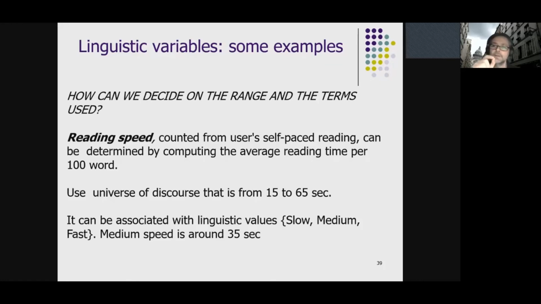Okay, so this is where the center of my triangle is going to be. 35 seconds, it's going to have a membership degree of 1. And then it's a triangle, and you can use the overlap between the triangles and design the fuzzy sets that will represent users' reading speed, for example.